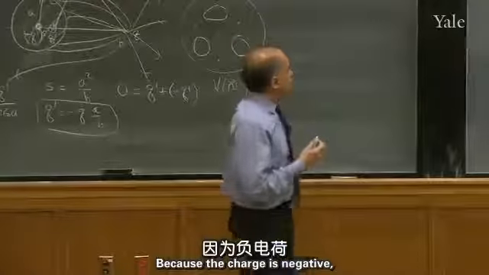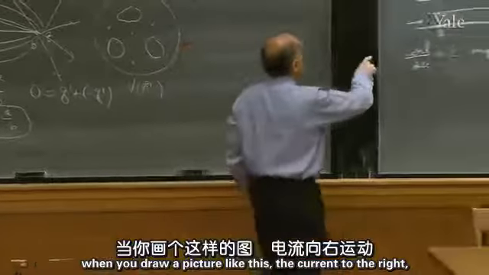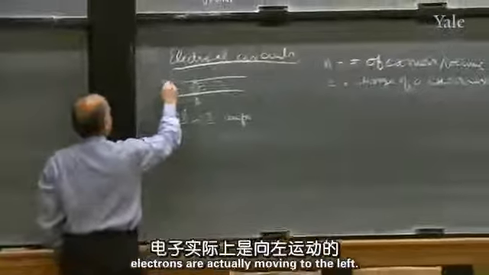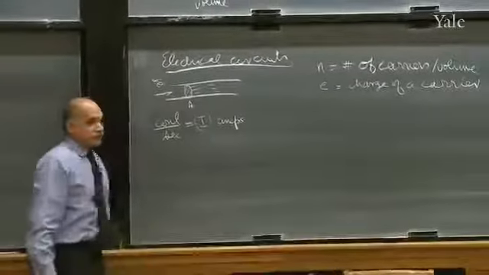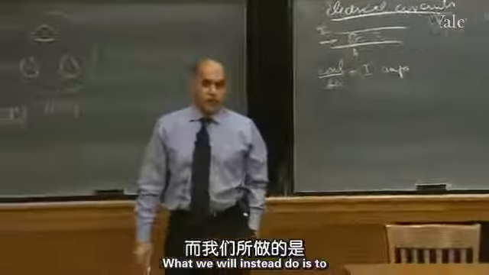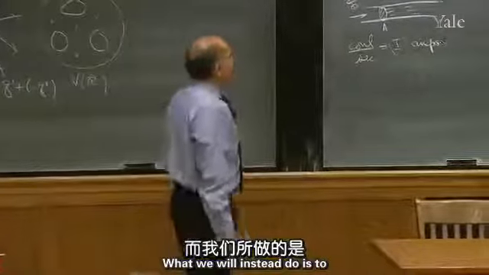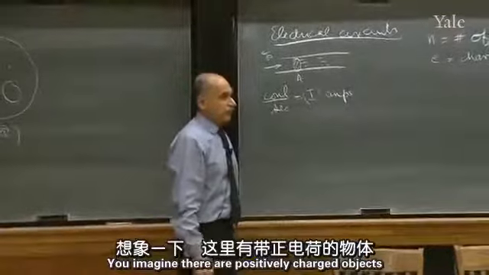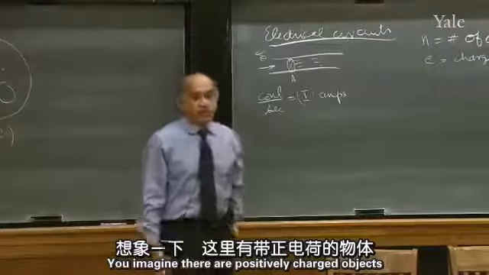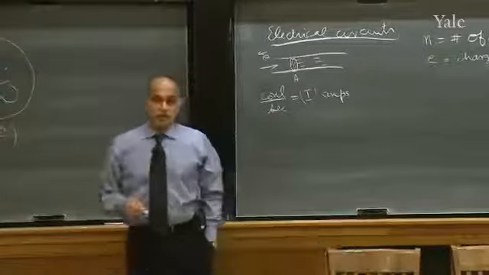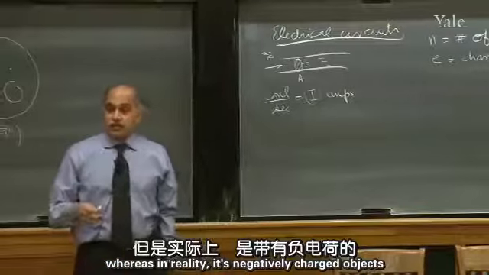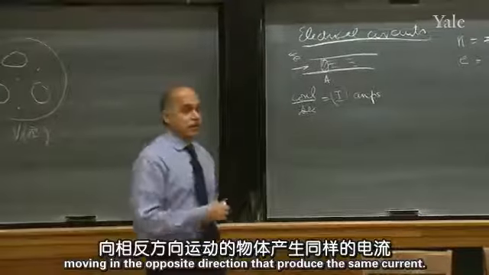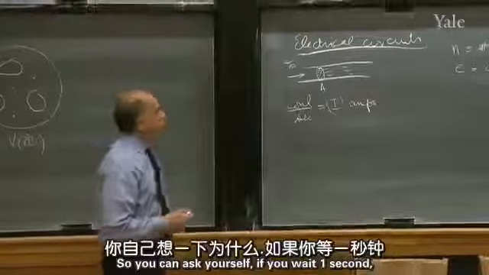Because their charge is negative, when the current is to the right, electrons are actually moving to the left. What we will instead do is keep an eye on the direction of the current and imagine there are positively charged objects carrying the current in that direction, whereas in reality negatively charged objects moving in the opposite direction produce the same current.